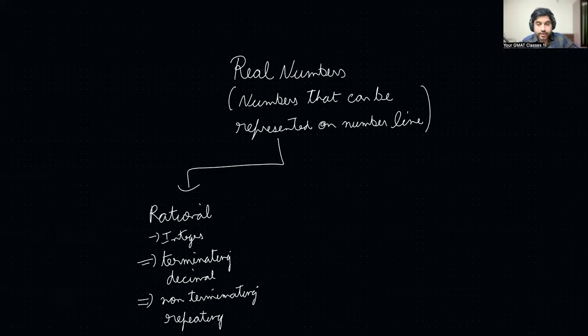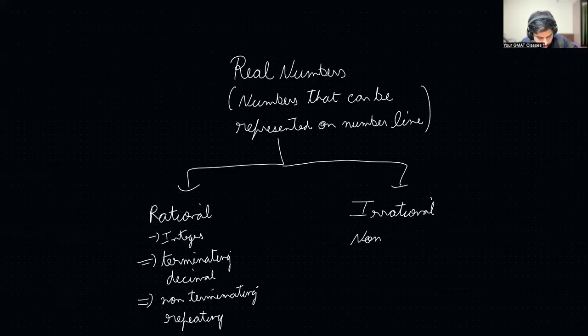And second category is irrational numbers. Irrational numbers basically are non-terminating, non-repeating. So this is a broad classification of numbers that we can do.